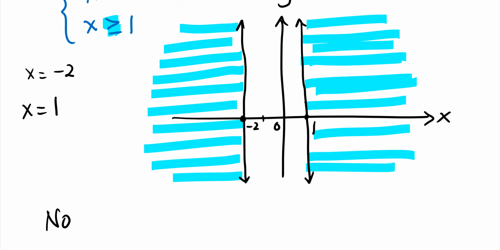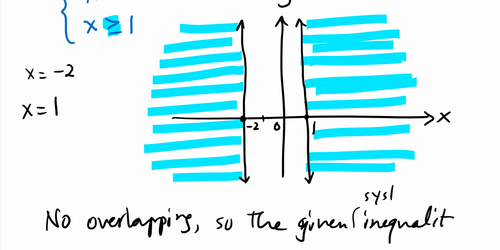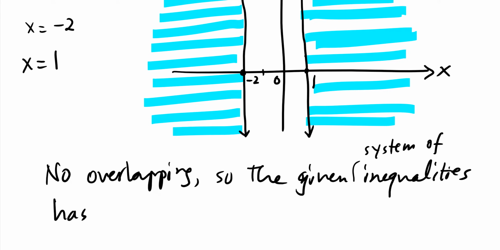So we see that there's no overlapping. Since there's no overlapping, the given system of inequalities has no solution.